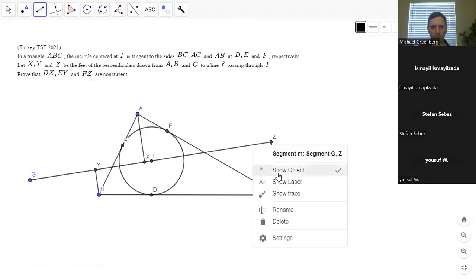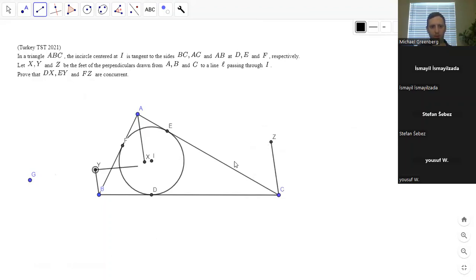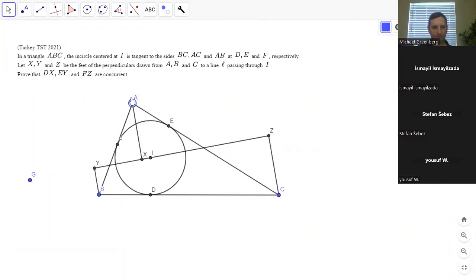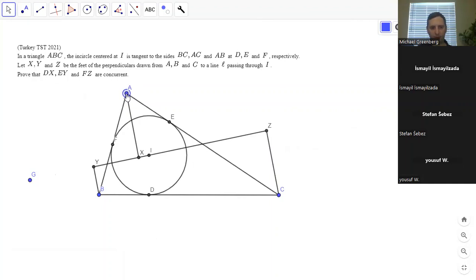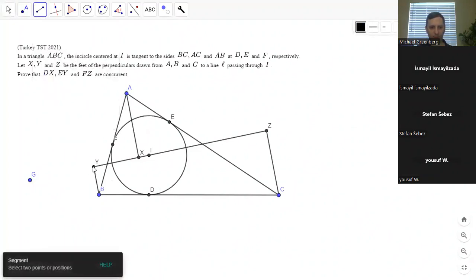Yes, I agree. This looks very familiar. Yeah. So those are the 3 perpendiculars. So we would have DX, EY, and FZ. So that diagram looks okay.